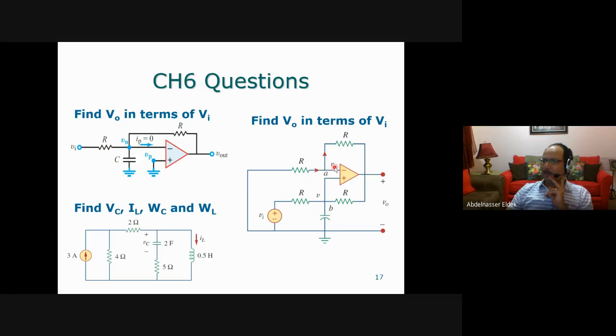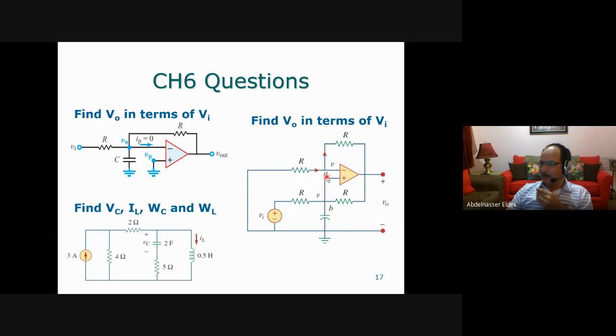For this one also, you have the 2 currents equal 0, and you know that this voltage equals this voltage. If this is called V, for example, or VA, then these 2 are exactly the same. Then how do you solve this problem? You have to apply nodal analysis at this node and at this node.